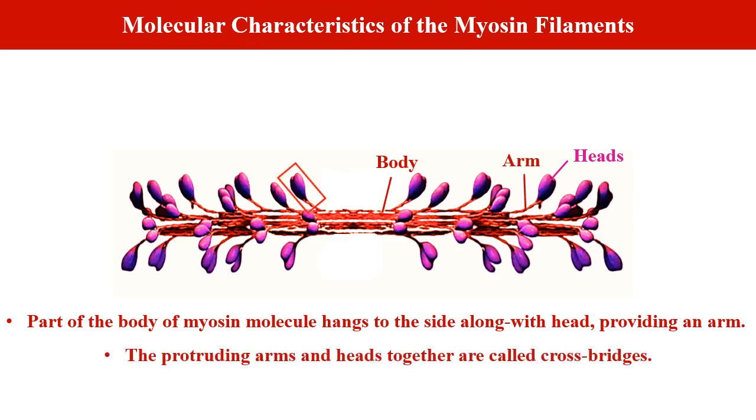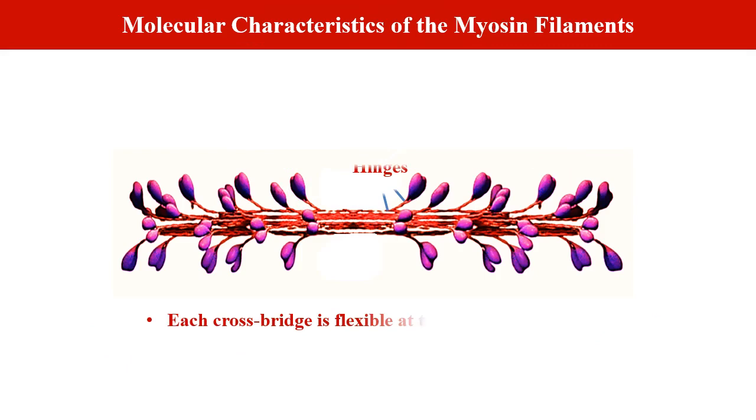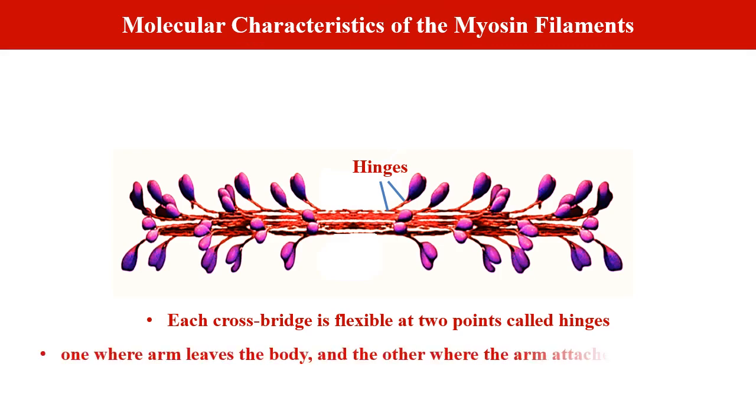The protruding arm and heads together are called cross bridges. Each cross bridge is flexible at 2 points called hinges. One where arm leaves the body and the other where the arm attaches to the head.